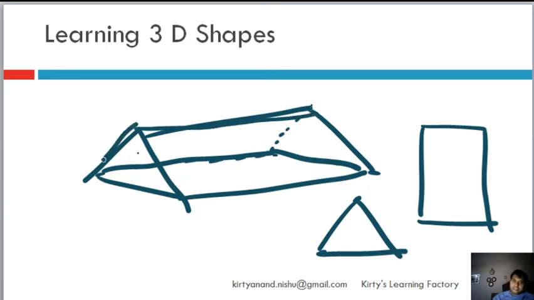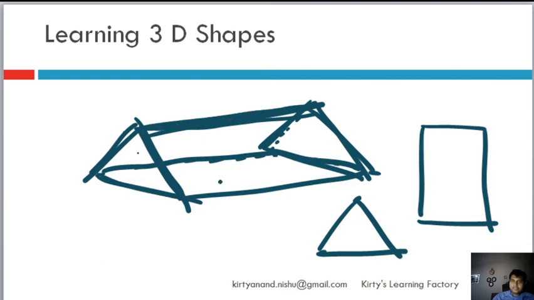There is a triangle here, there is a triangle here, and then you join this vertex to this, and this vertex to this. So basically this becomes a rectangle or a square depending on the gap between them, and this is a pyramid.